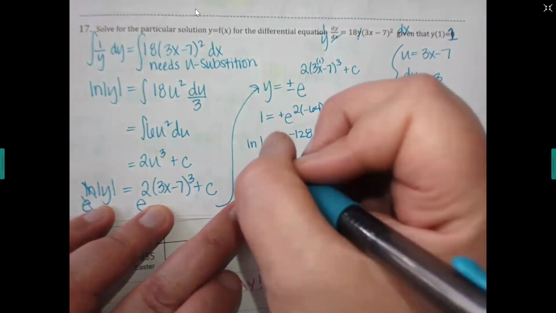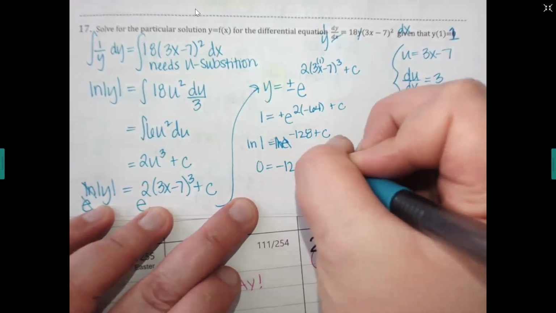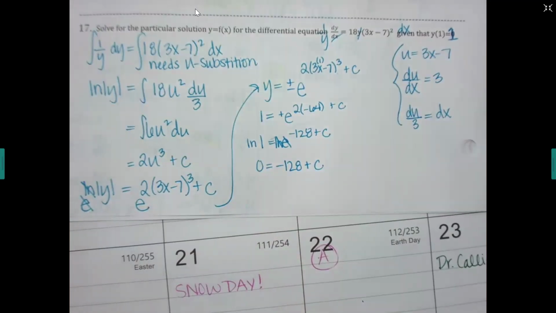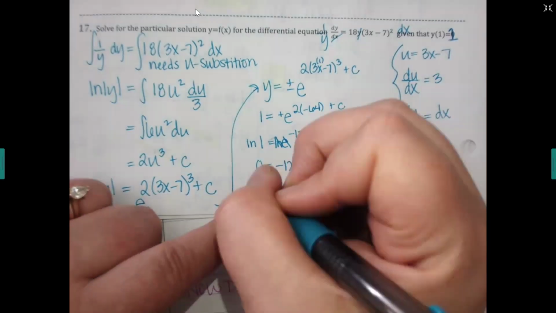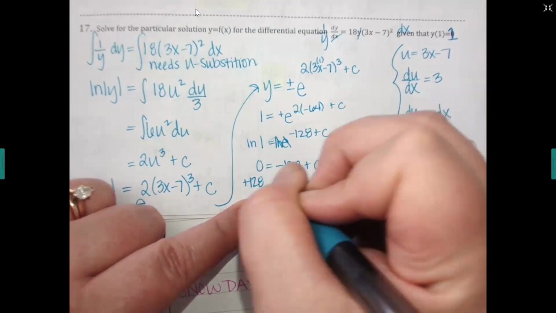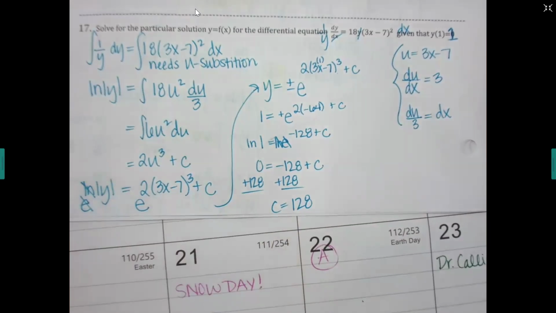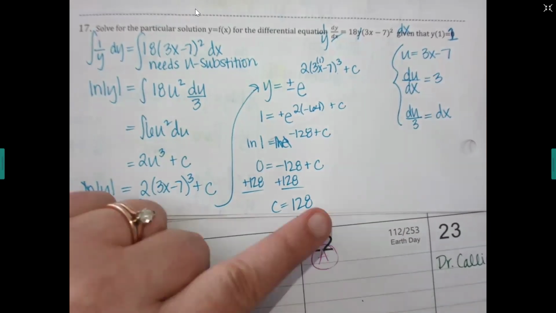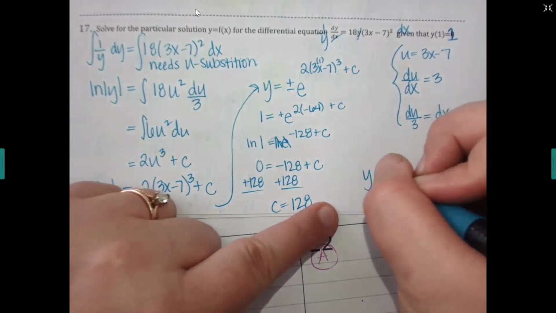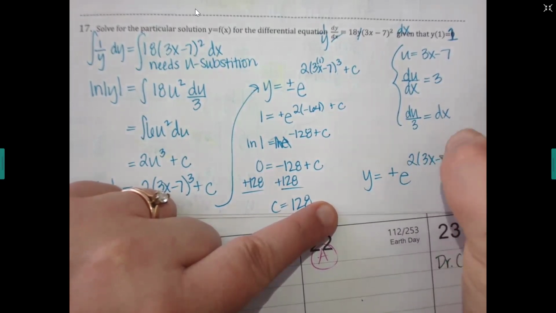Okay, ln of 1 goes to a 0, which means what is my c if negative 128 plus c is 0? Add it across, it's a plus 128. So your final answer would be y equals positive e to the 2 times (3x minus 7) cubed plus 128.